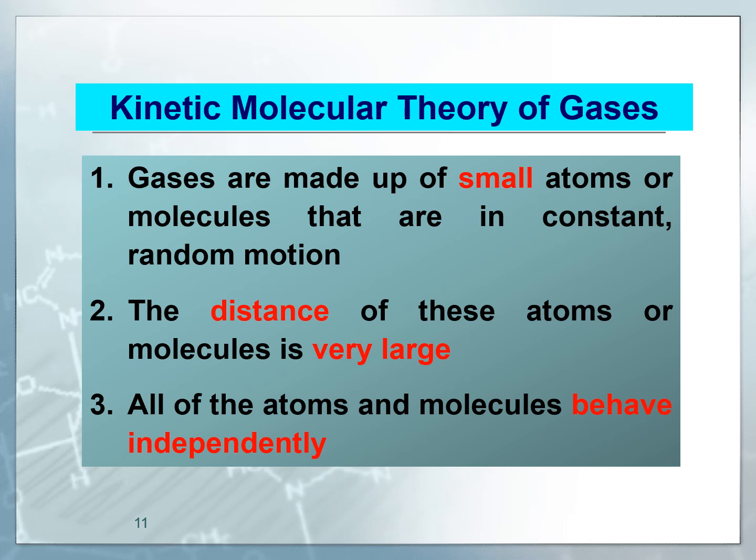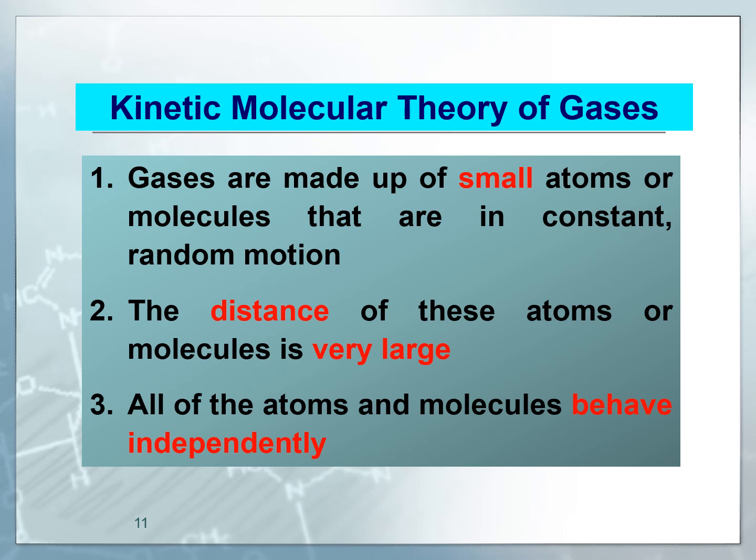Next, we will learn how to describe the major points of the kinetic molecular theory of gases. Kinetic is a study of rate of chemical reaction. 1. Gases are made up of small atoms or molecules that are in constant, random motion. 2.